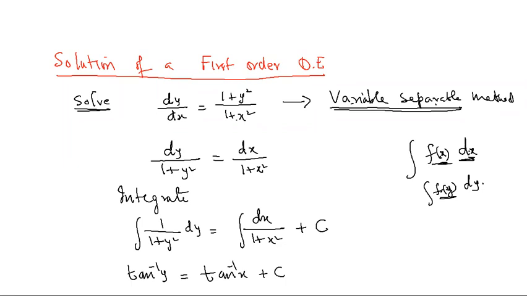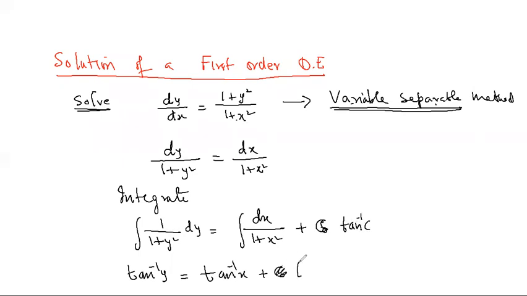Did you understand this? Now, if you want to remove this tan inverse from here, it is possible. I'm not sure whether your answer requires that, but I'll just show you, just for your information. Suppose I want to remove this tan inverse. In that case, instead of writing c, I will write tan inverse c.